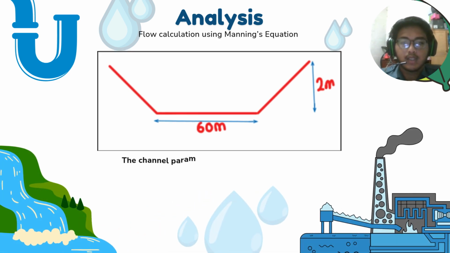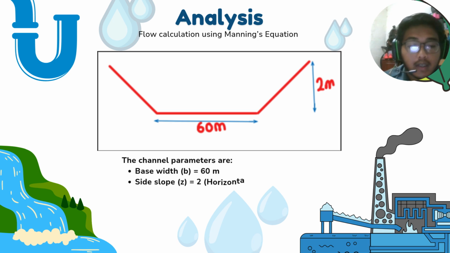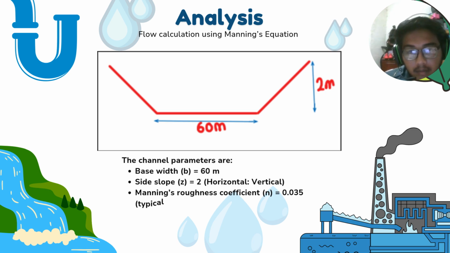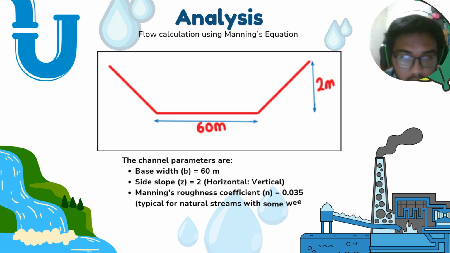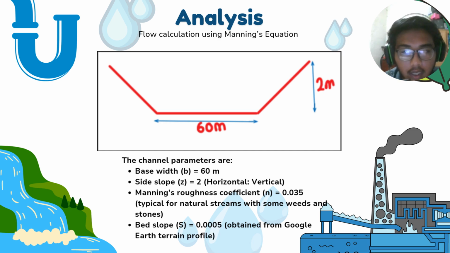Next is flow calculation using the Manning equation. From the catchment area, we get the upstream, midstream, and downstream. And this picture is the cross-sectional area for our catchment area. The channel parameters are base width, B, which is 60 meter.